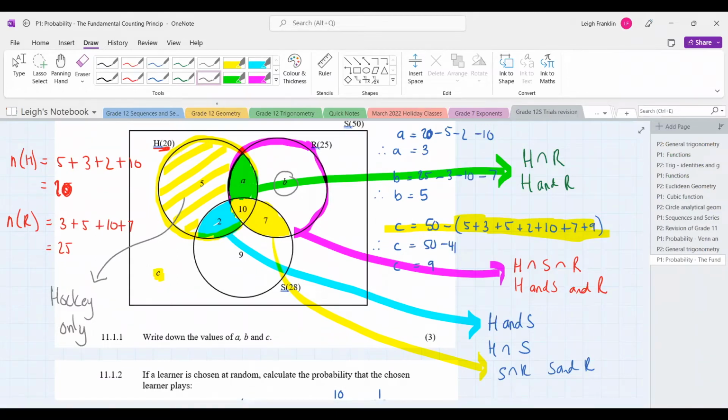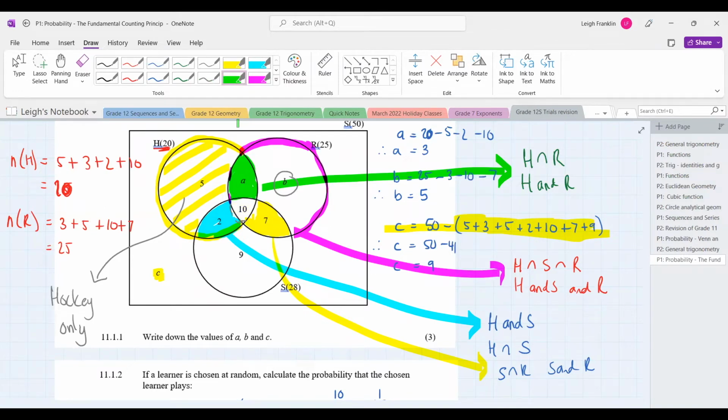Now, if I decide to not include this region in the center, let me color it in again for you guys. Let's say I'm just talking about this bit over here. So now I'm leaving out the 10 that like to play all three. How would I describe this region?